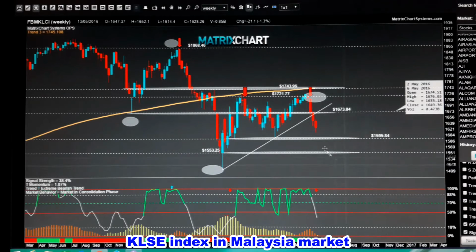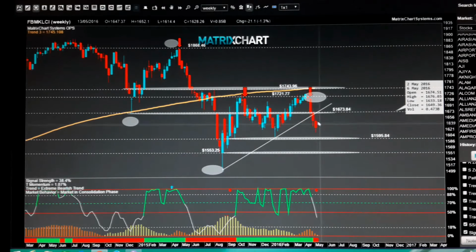Last week it presented a bearish candlestick right here, and this is an extreme bearish candlestick. In the last 2 weeks, you can see there is a long bearish candlestick right here and followed through with another extreme bearish candlestick, and it cracked the diagonal line and the horizontal line.